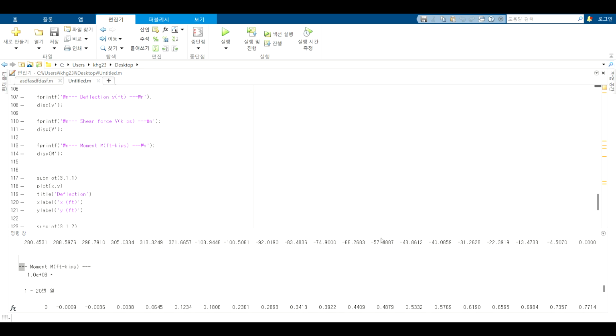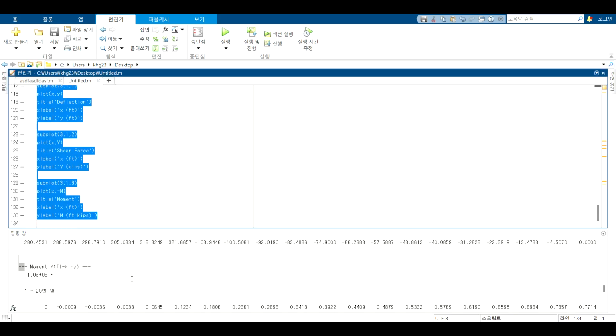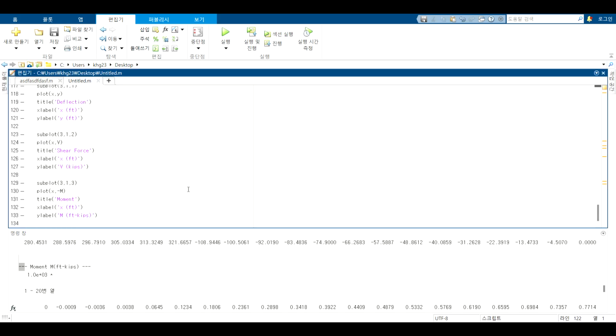These graphs are drawn using subplot so that all can be viewed within a single figure window.